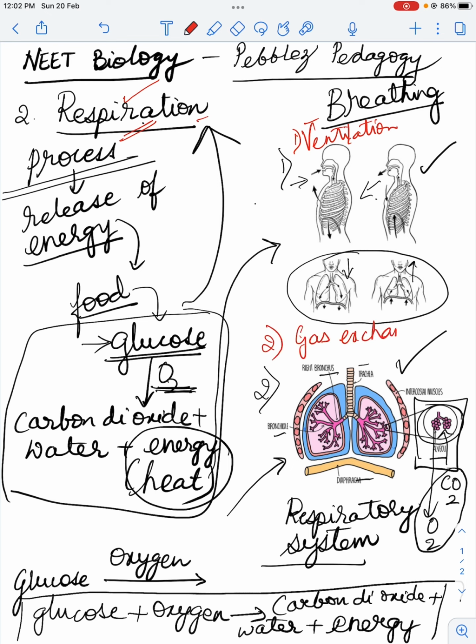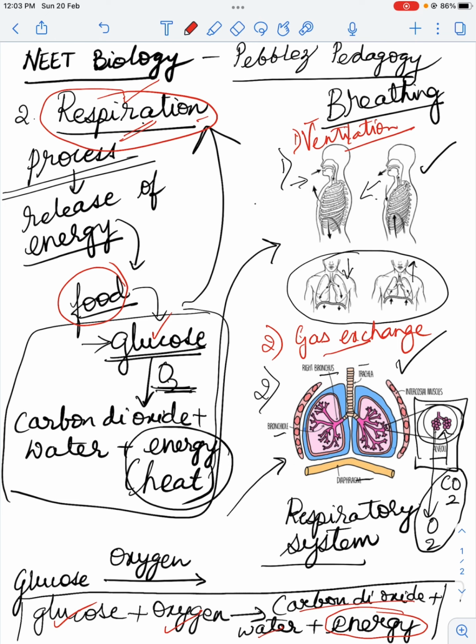Respiration is a process which involves the release of energy, and this energy is obtained only when we consume food. The main source for this energy is glucose, a simple carbohydrate which is broken down in the presence of oxygen, and this gives us carbon dioxide, water, and the energy is released here. This is called respiration.